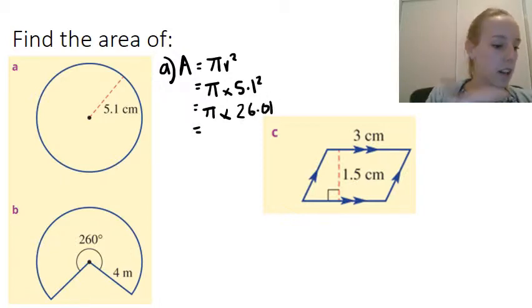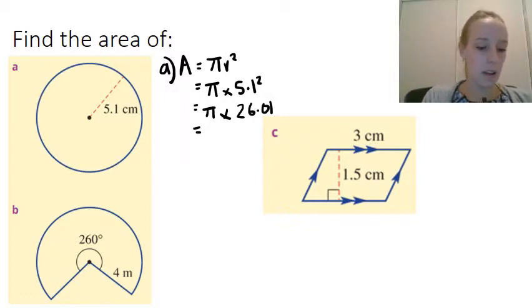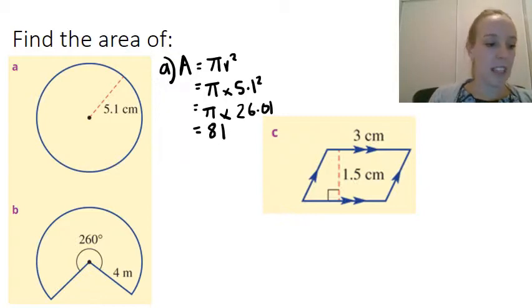So in our calculators we can do pi times 26.01, and that will give us 81.712824, etc., and we're always going to round to two decimal places unless we're told otherwise.